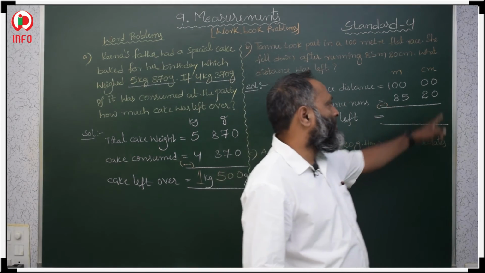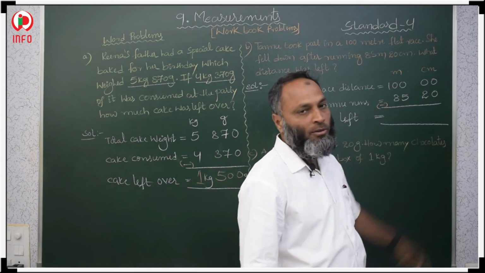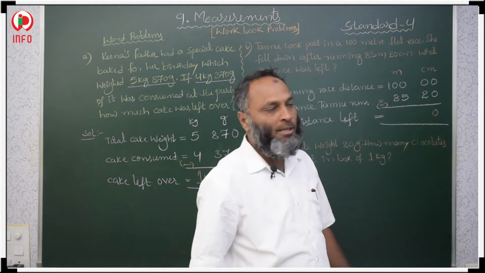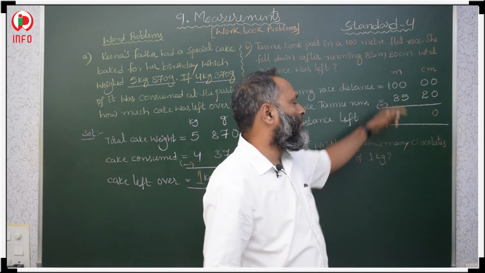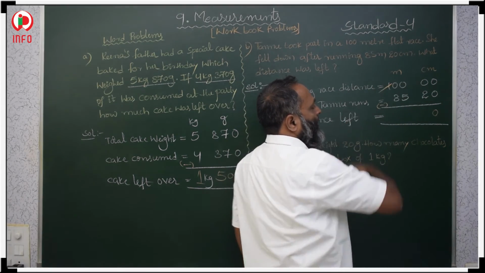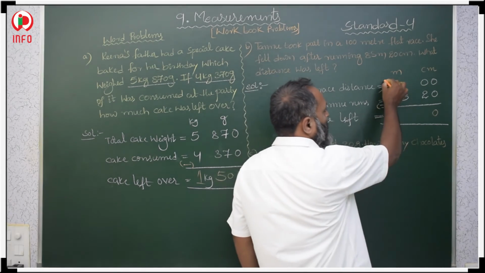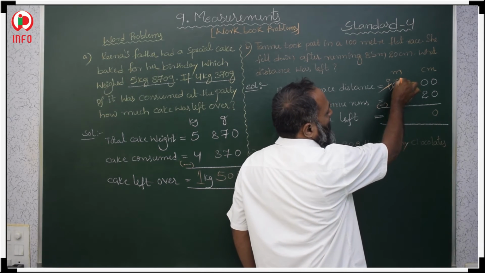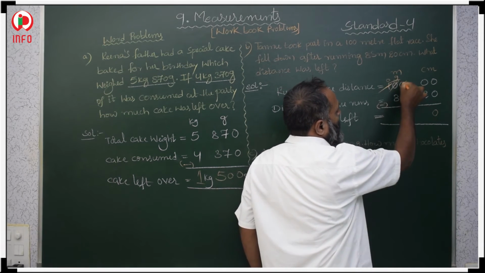The extreme right digit we should subtract first. 0 minus 0 is 0. Now 0 minus 2 we cannot do. So here also 0, here also 0. We should take a borrow from here. If you take a borrow from here, here you will decrease by 1, here you will increase by 10. Again if you take a borrow from here, it will decrease by 1, here it will increase by 10.